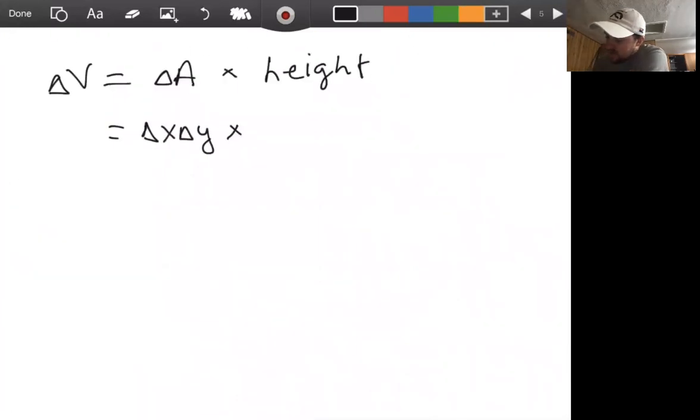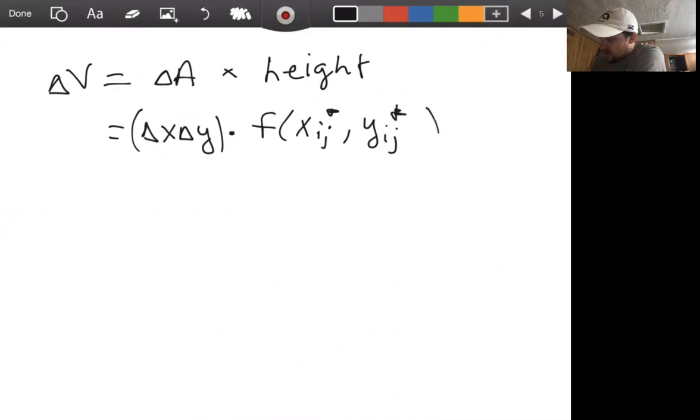And so this is times f of xij star yij star. And so this is a formula for the volume of just one little piece, right? This is the volume of the prism extending from the ijth subrectangle.